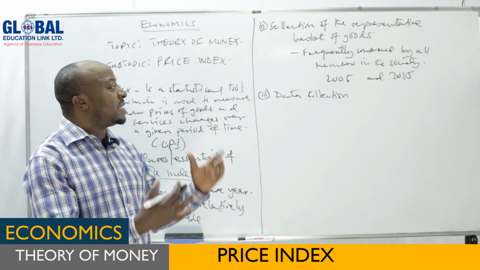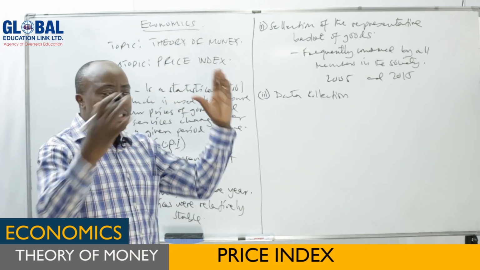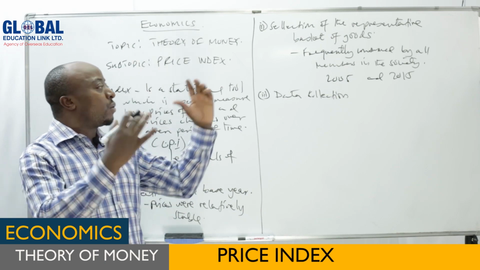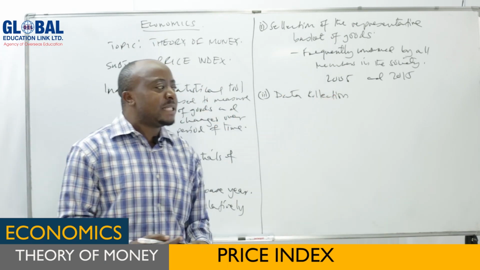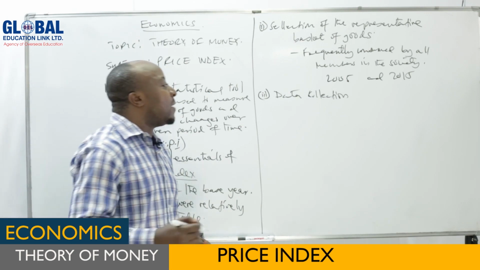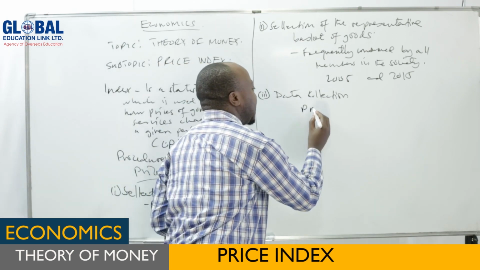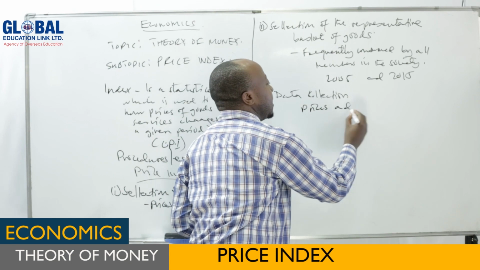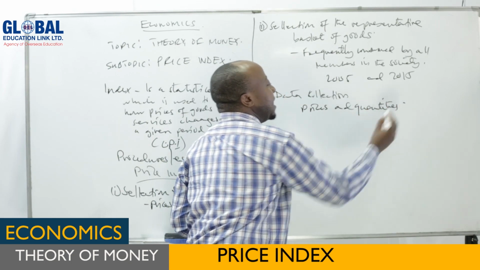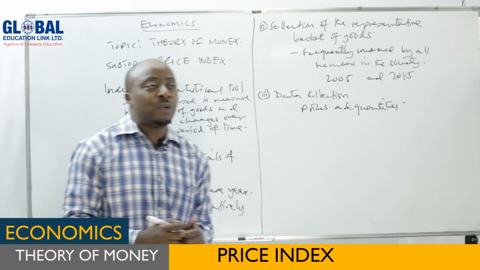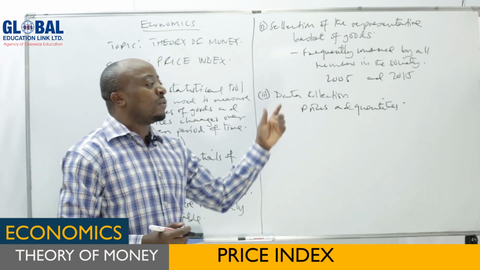Maybe you have chosen maize, beans, yams, millet, and whatever kind of goods which you think are consumed in the society. Now you make data collection. Data collection means you have to collect data about prices and quantities. It means the data we are going to collect are about prices of goods and services and the quantities of those goods and services.